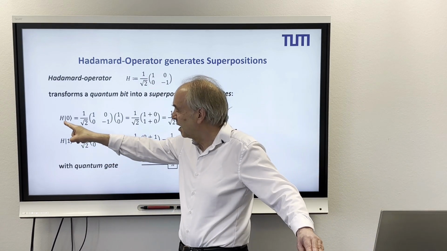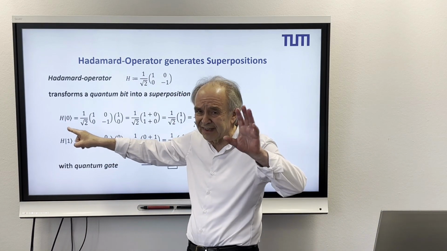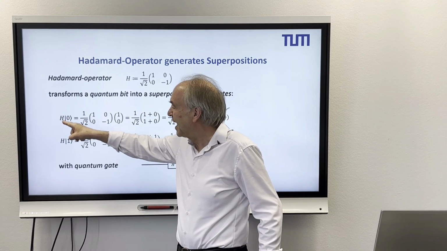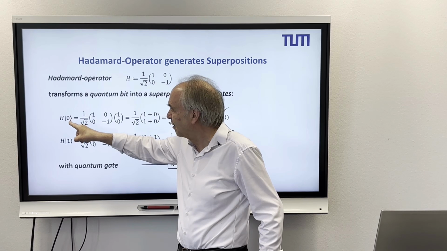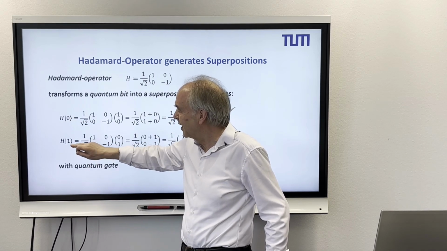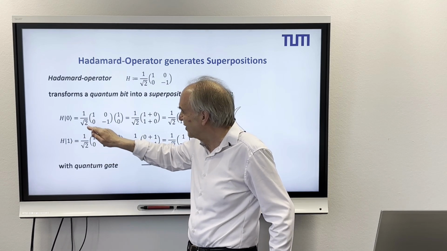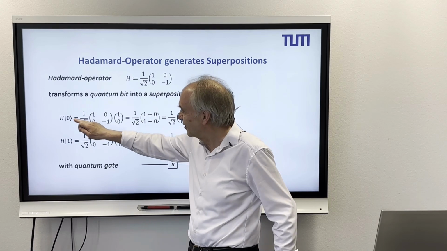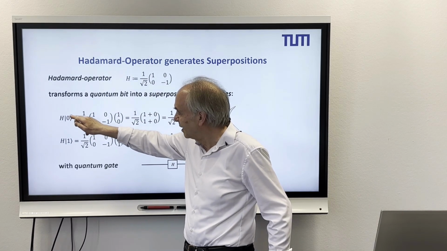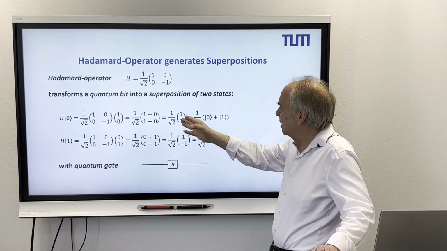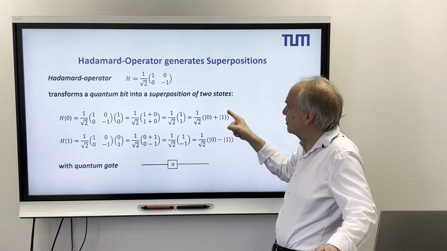And now we can calculate, by simple matrix calculation, the application of the Hadamard operator to the quantum bit with 0, then to the quantum bit with 1. Here is the Hadamard operator, here again the two-dimensional representation of the quantum bit, and simple calculation leads to this expression.